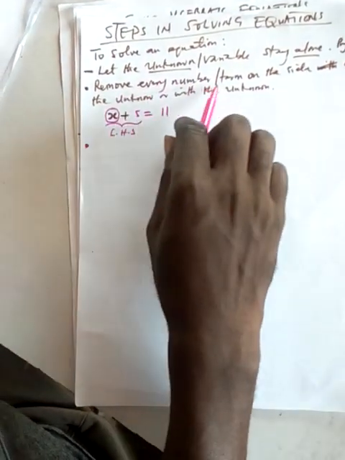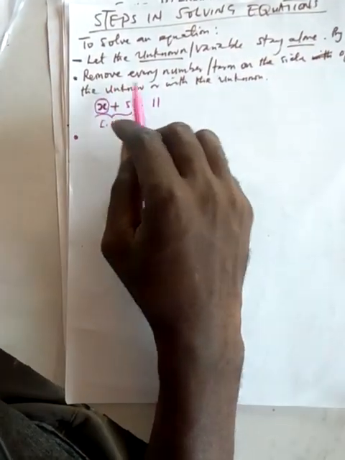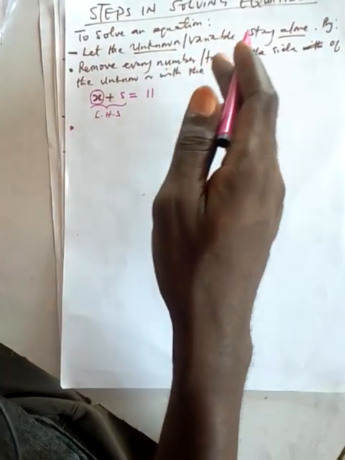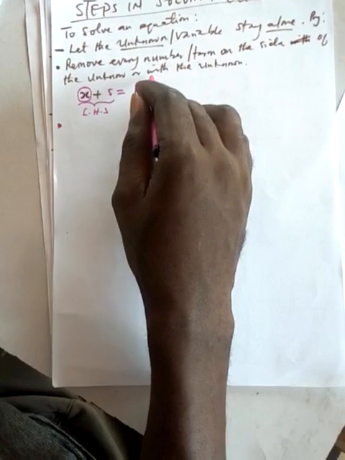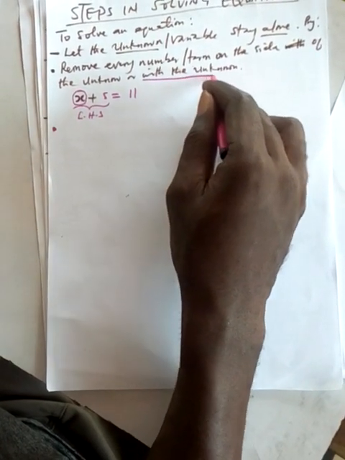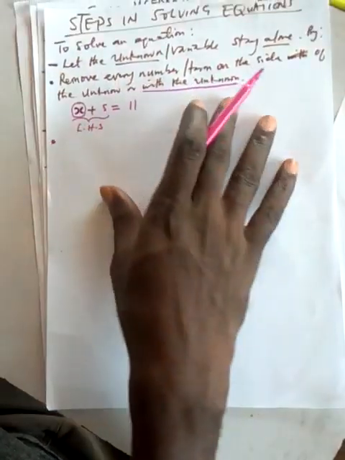So remove every number or term on the side where the unknown is, so that the unknown can stay alone.